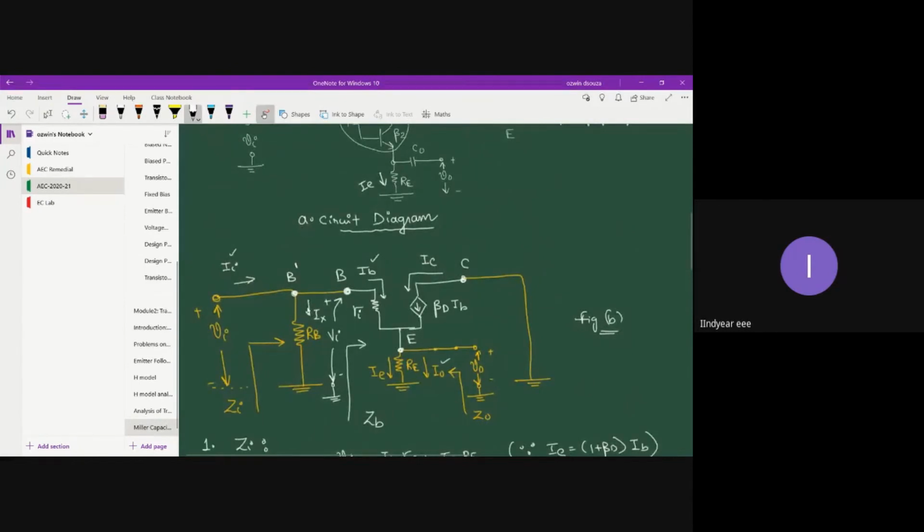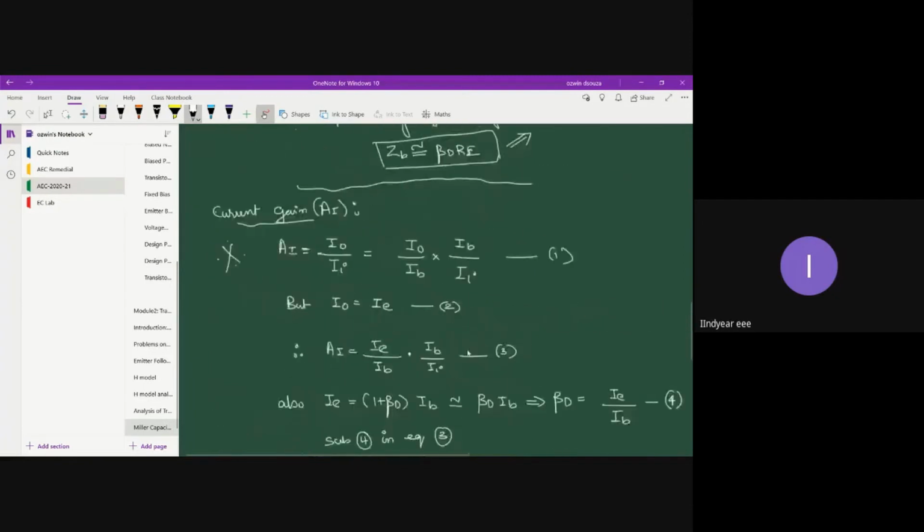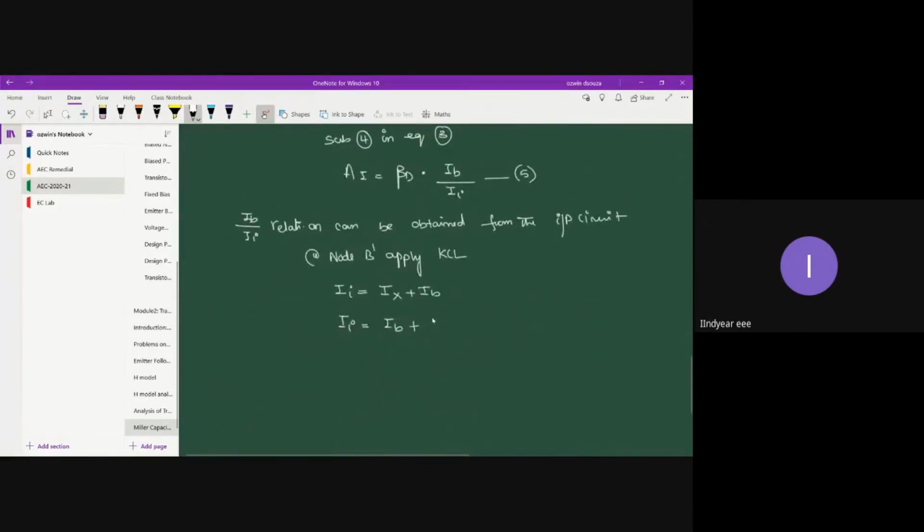So what is IX? IX is nothing but voltage divided by resistance. So I can write IX as voltage divided by resistance, that is RB. Okay, fine.